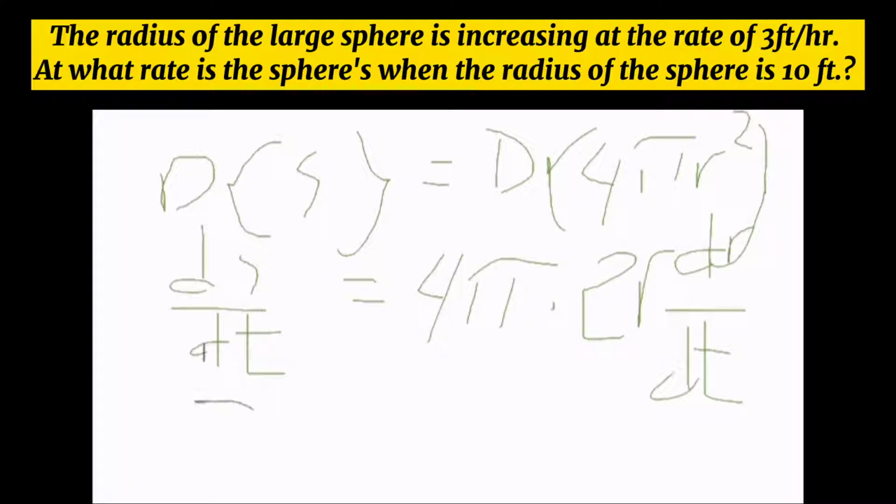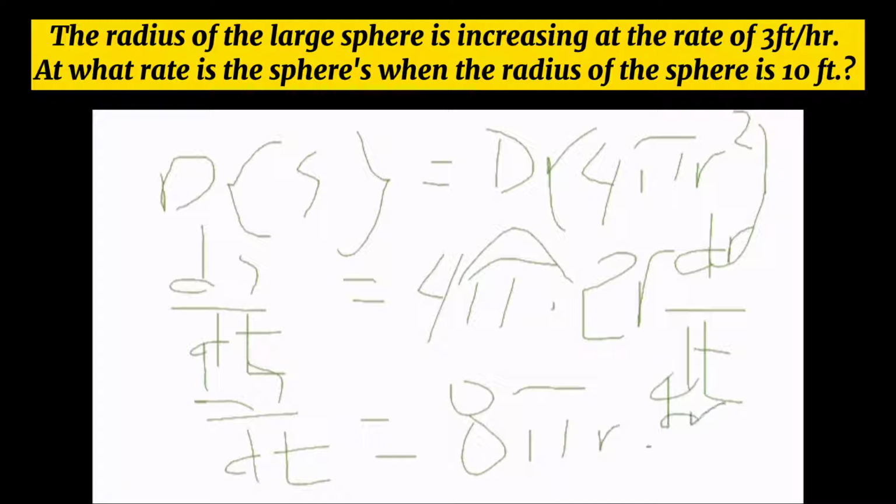So ds over dt is 4 times 2 is 8 pi r dr over dt.